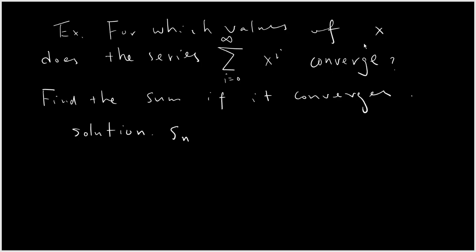Because Sn is dependent on x, can I use Sn of x to mean Sn is dependent on x? By that we mean for different values of x, you have different values of Sn. In any case, we just treat Sn to be the partial sum sequence, the sum of the first n plus 1 terms.